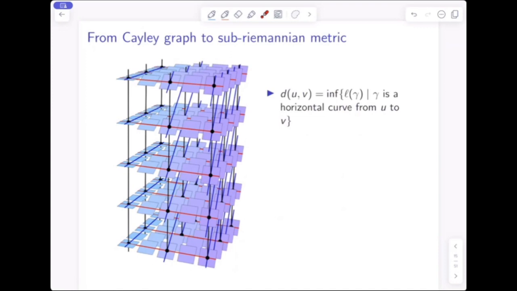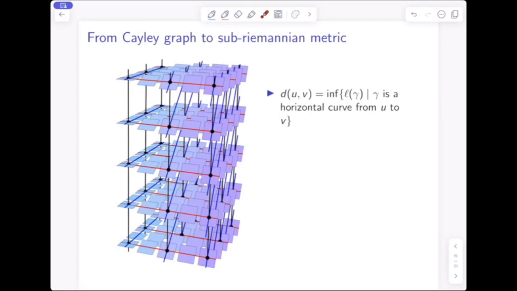A sub-Riemannian manifold is similar, with the difference that in a Riemannian metric, every vector has a length. In a sub-Riemannian metric, every vector has a length, but some of those lengths are infinite. At every point, you have a subspace consisting of what are called horizontal vectors, and these are the vectors that have finite lengths.